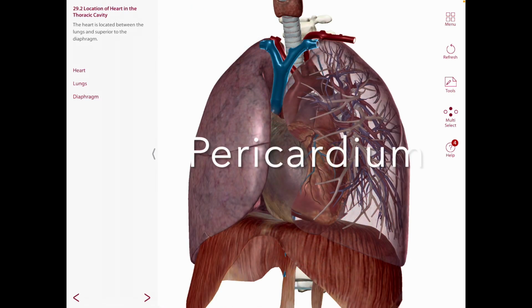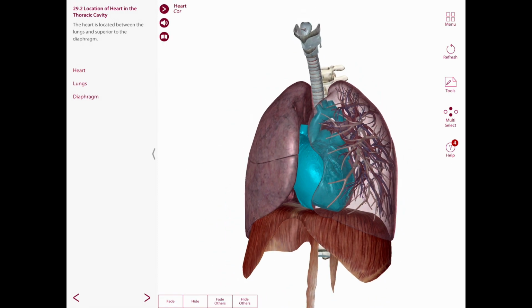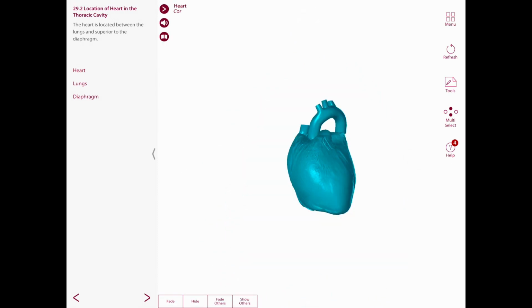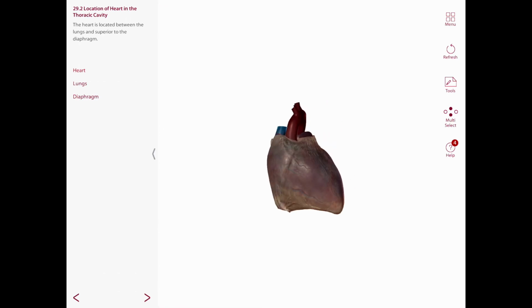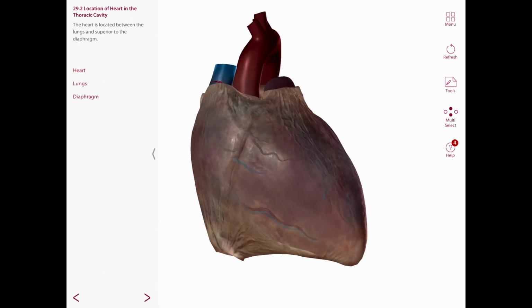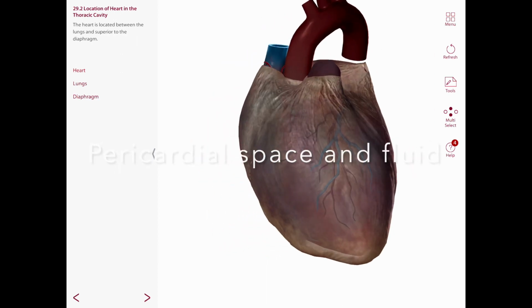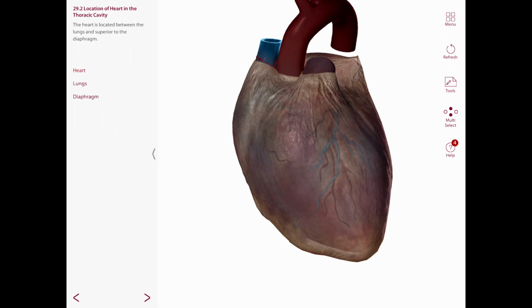Now, protecting the heart, there is a serous membrane called the pericardium. And so, as you can see here, the pericardium is a serous membrane that is protecting the heart. In between, there's going to be a space called the pericardial cavity. So that's in between the pericardium and the heart, right?